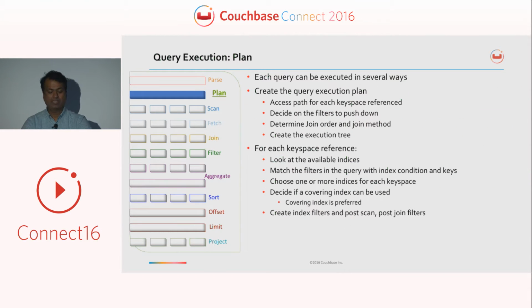Okay, let's take a deeper look into what the planner does. Each query that you submit can be executed in many, many ways. There are many ways to skin the cat. For each query, the optimizer has to decide the access path for each of the key spaces that you have specified in the from clause.